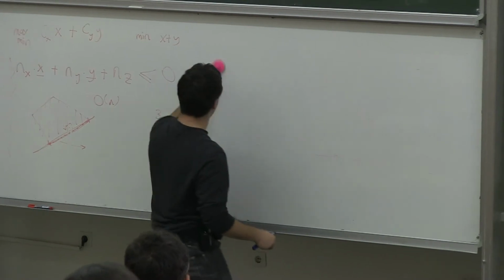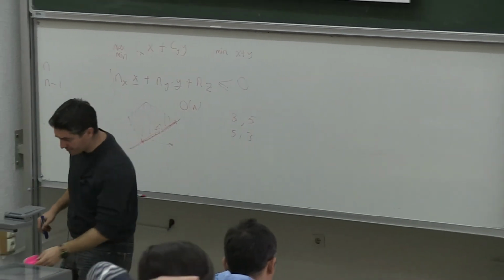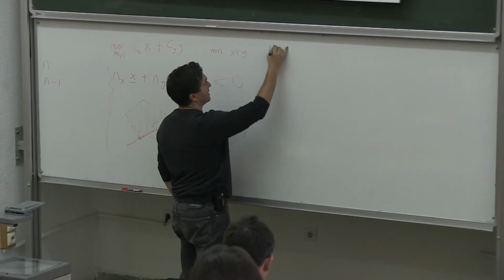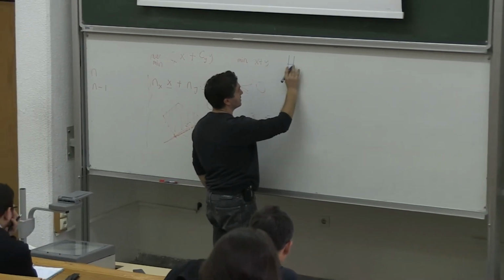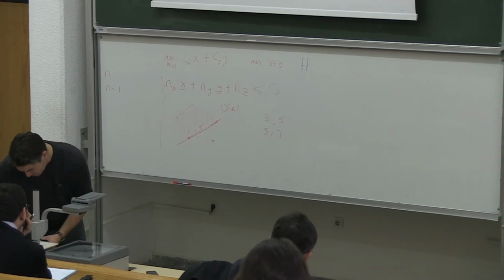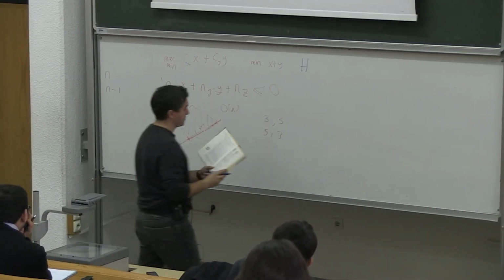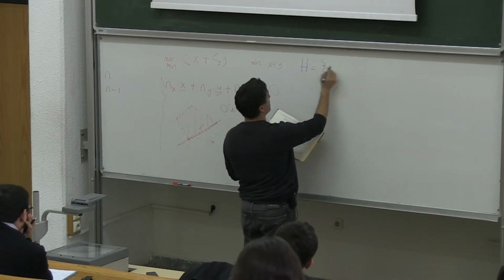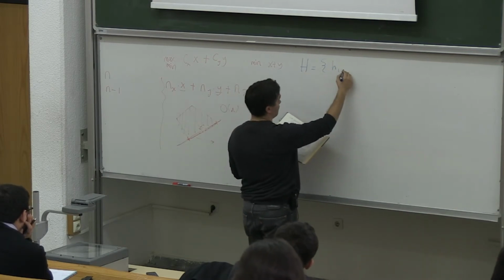Since we have an incremental algorithm, let this be the set of our half planes. This is our half plane 1.